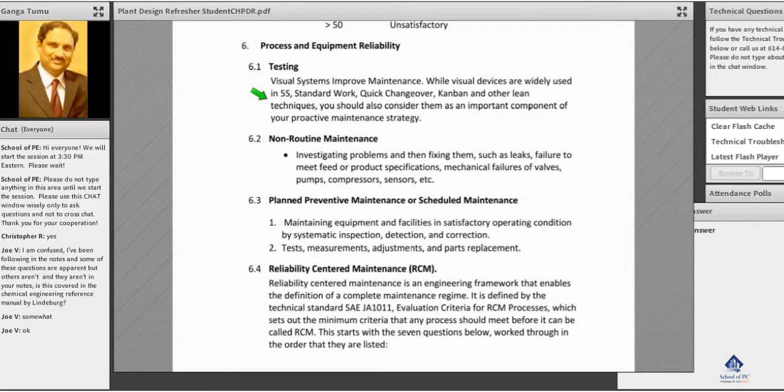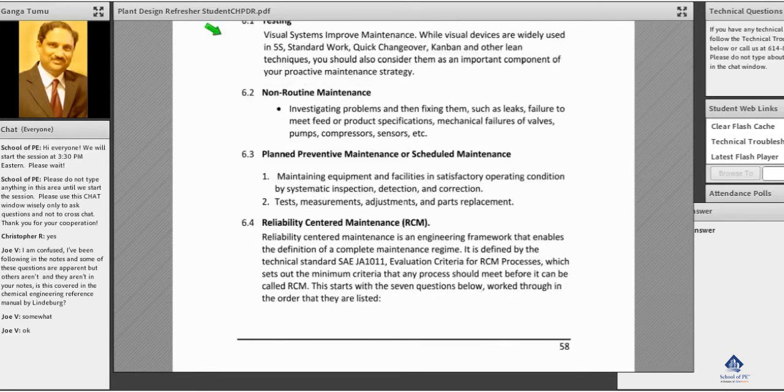For process improvement and other areas, these are the quality tools: 5S, standard work, quick changeover, Kanban, and other lean techniques. They are used in the system.